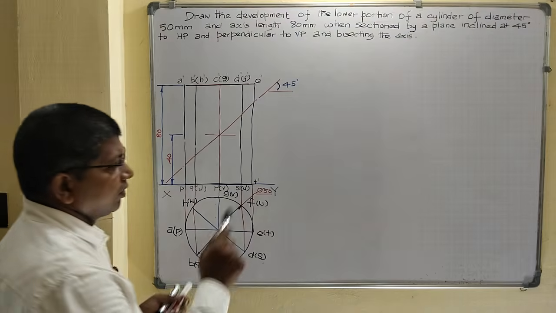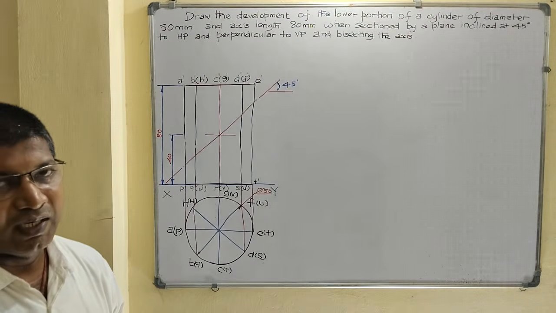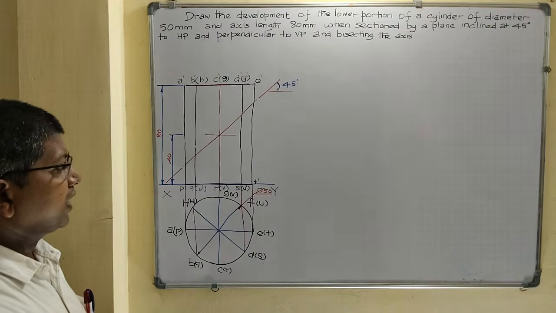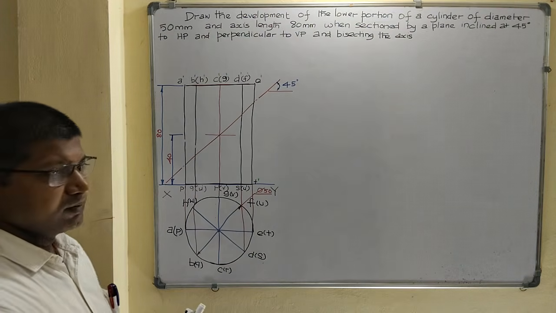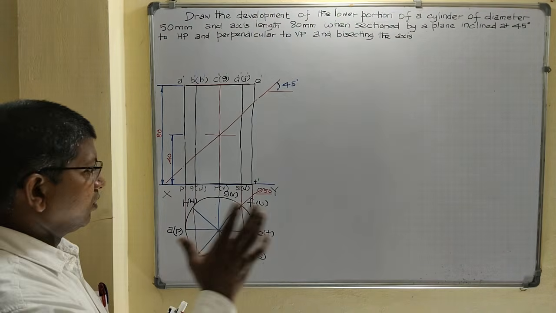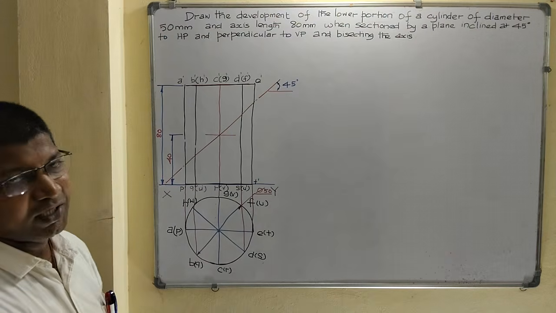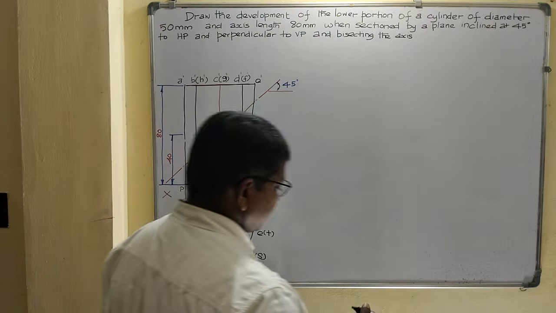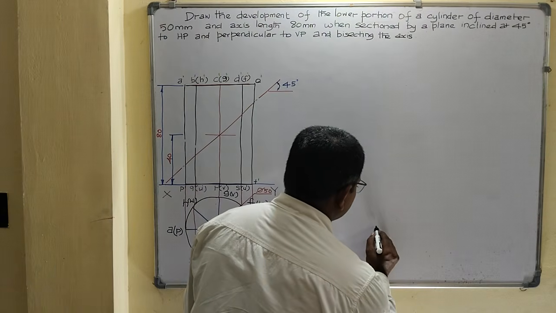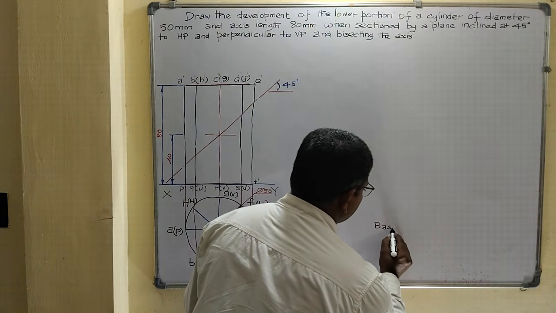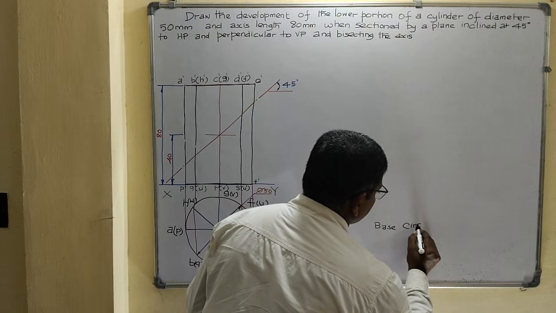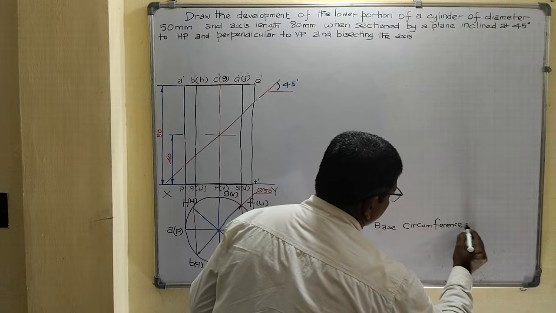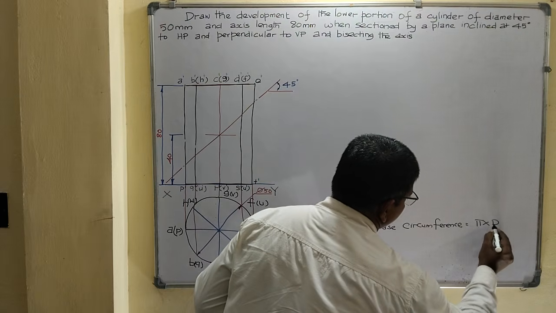Now, how to draw the development? This cylinder development is drawn by using the parallel line method. What is the parallel line method? The length of the two parallel stretch out lines is equal to the base circumference of the cylinder. The base circumference equals pi into d.